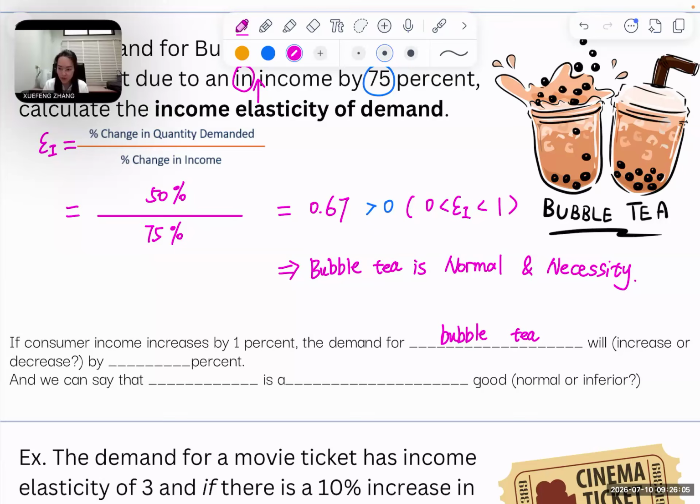Because we have positive here. By how many percent? Okay, so the answer is 0.67%. And we can see that bubble tea is a normal good, okay?